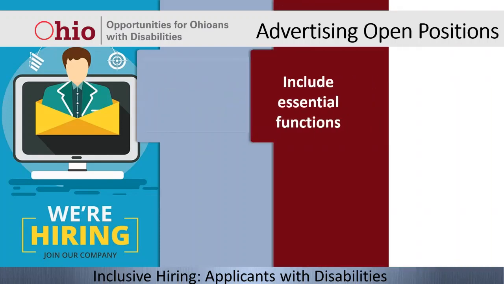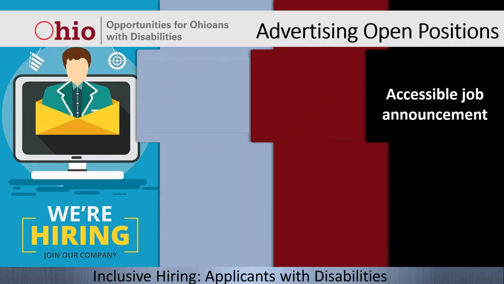Next, make sure the advertisement includes the job's essential functions because these help applicants to know whether they're qualified for the job. The job announcement itself should be accessible, and what I mean by this is job postings should be placed in locations that are physically accessible.